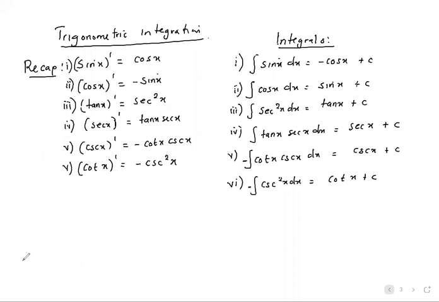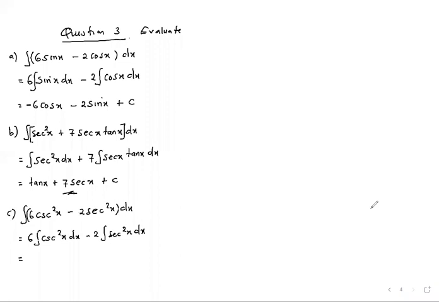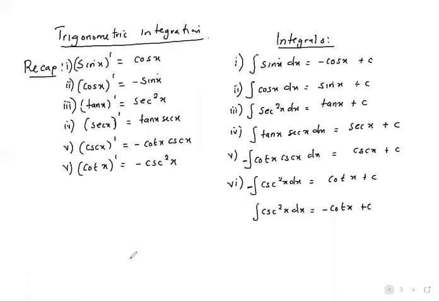We had the integral of negative cosec squared as cot, so this means that the integral of cosec squared is going to be negative cot, because you can divide the negative to the other side. So here we'll have -6 cot x, and then the integral of sec squared is tan. And then you just add the c. So the whole question 3 is answered just by this page here.